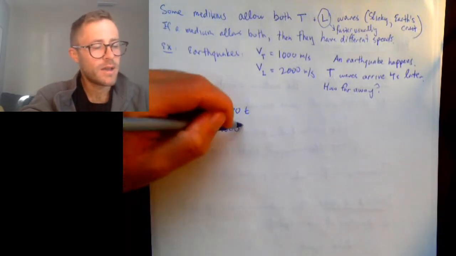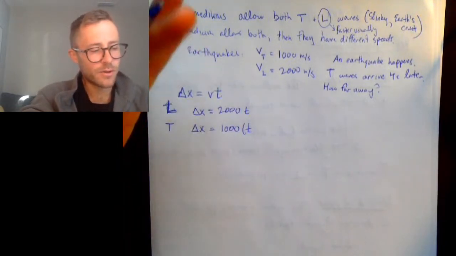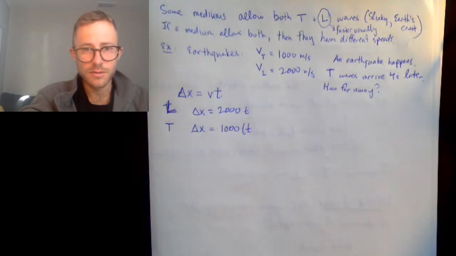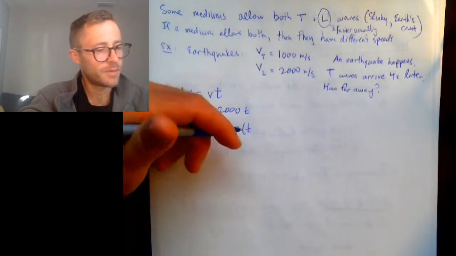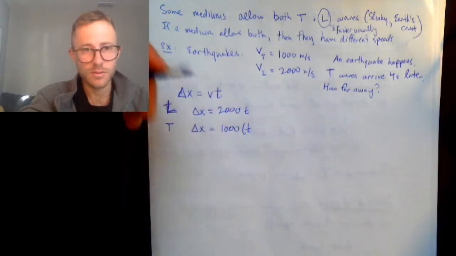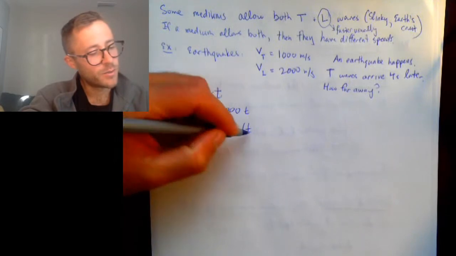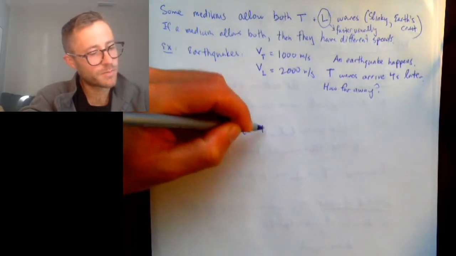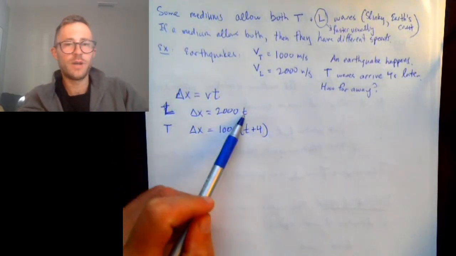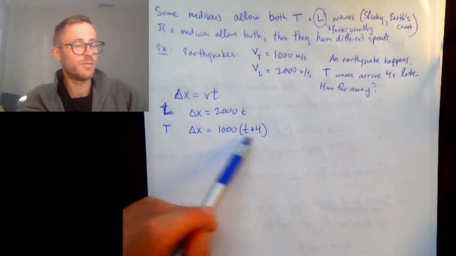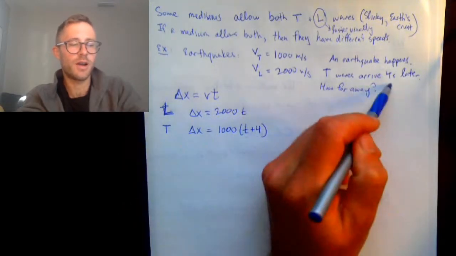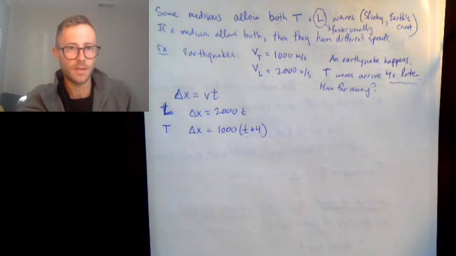We know that it took 4 seconds more. So if the longitudinal wave took t seconds to arrive, then the transverse wave took t plus 4 seconds because it arrived 4 seconds later. I hope that makes sense.